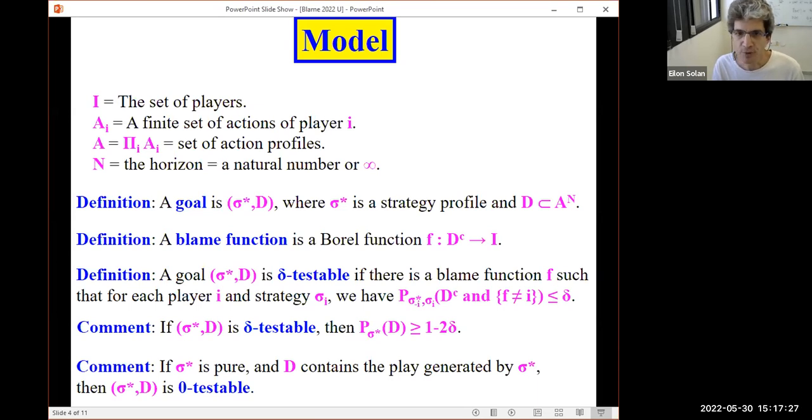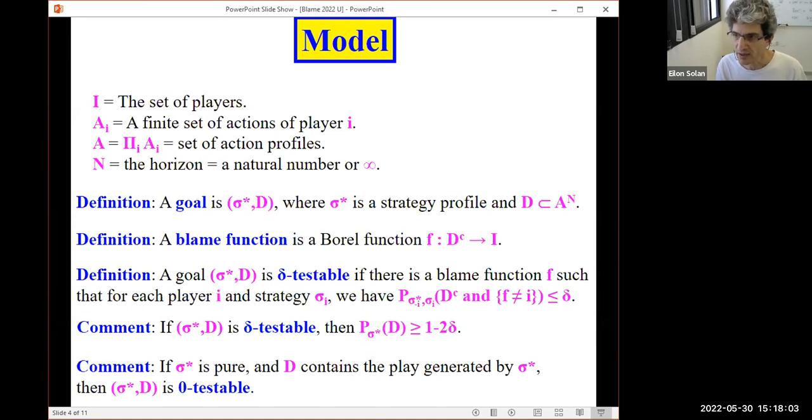If a player should play a stationary strategy and the goal depends on the long-run frequencies of actions, then we can run standard statistical tests to identify deviations. But in general, if the goal is some strange set, like the set in our motivating example, the random walk returns to the origin infinitely often, then it is not clear how to test who deviated.